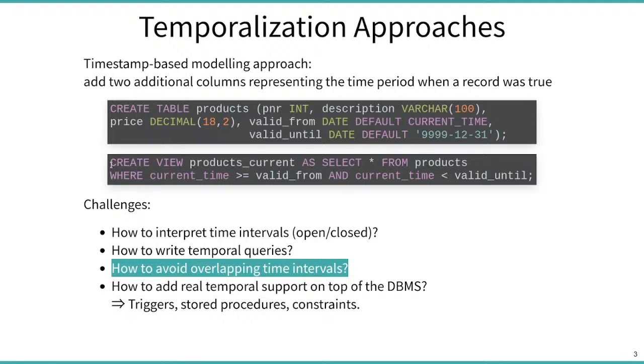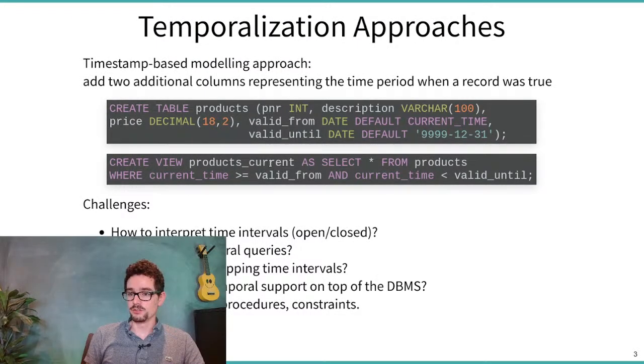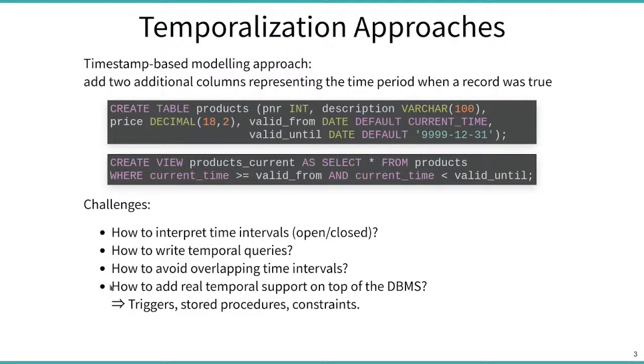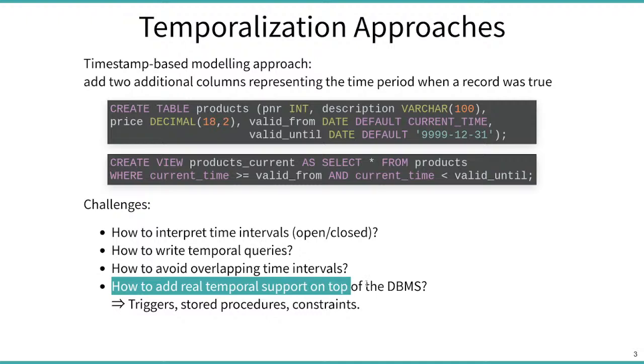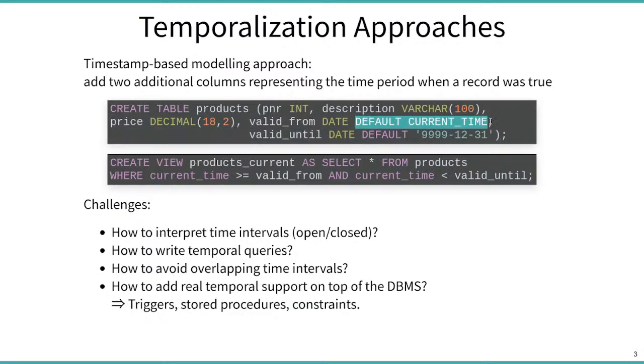This is not fun. Yeah, and trigger is another important keyword here. I have this in the last challenge, how to add real temporal support on top of the database management system, because you do not want to manually set these timestamps. I added two default values which make it a bit more comfortable.